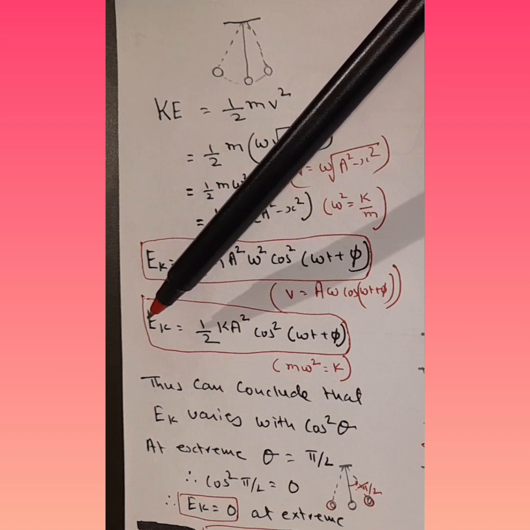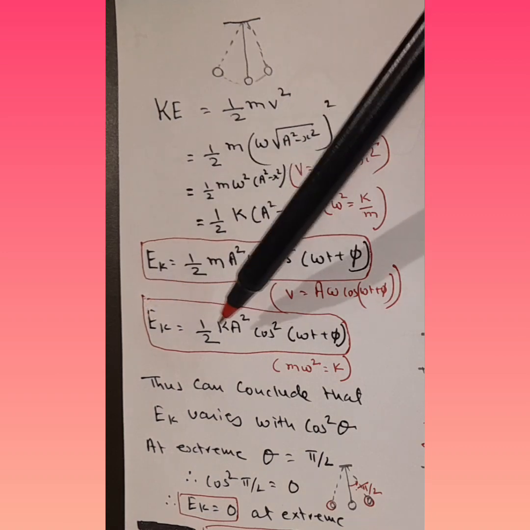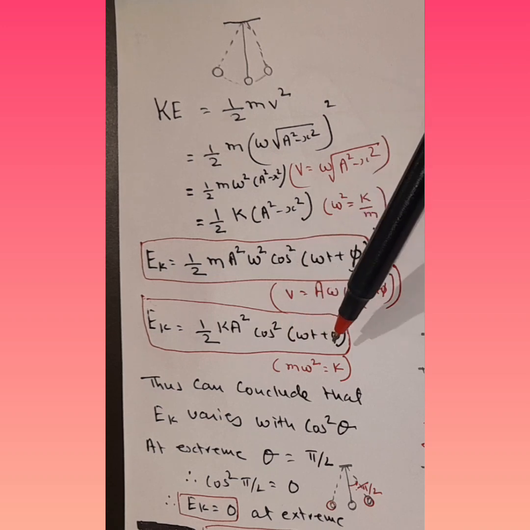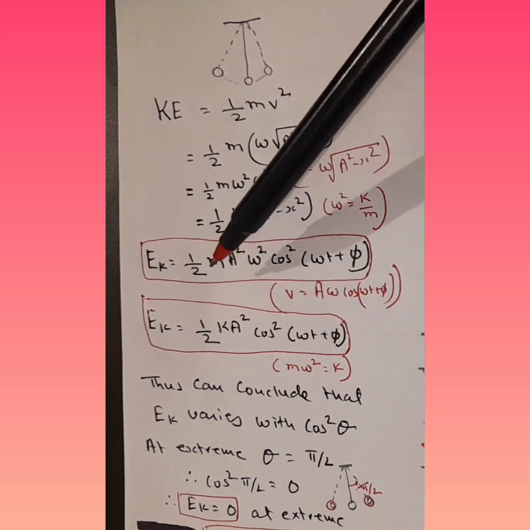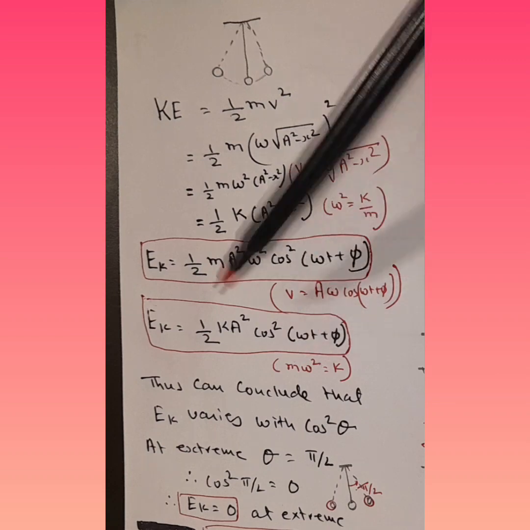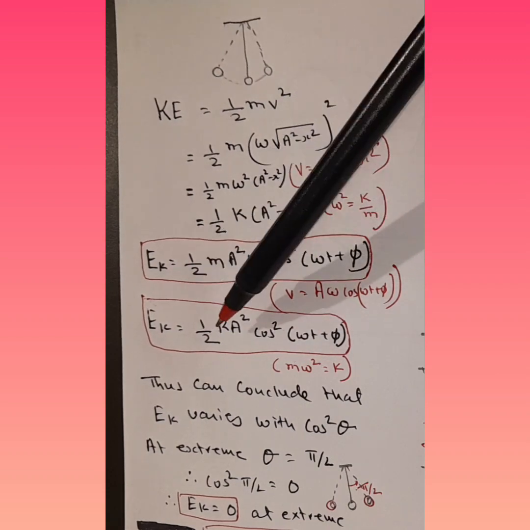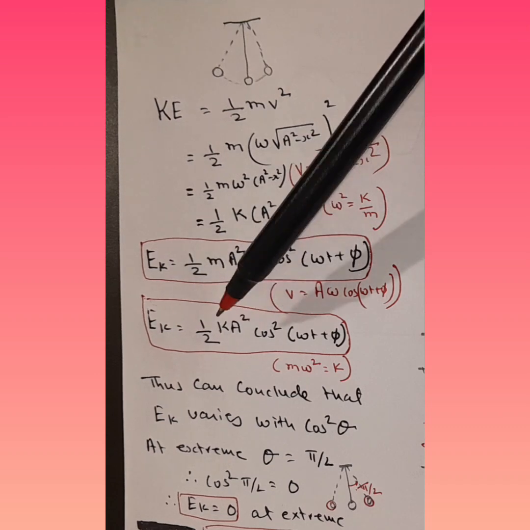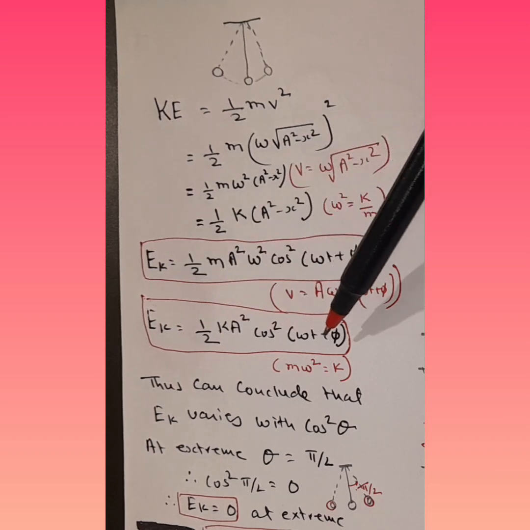So Ek, that is kinetic energy, is half k a square cos square omega t plus phi. Half k a square. Why? Because we know m omega square is equal to k, so it takes the format of half k a square cos square omega t plus phi.